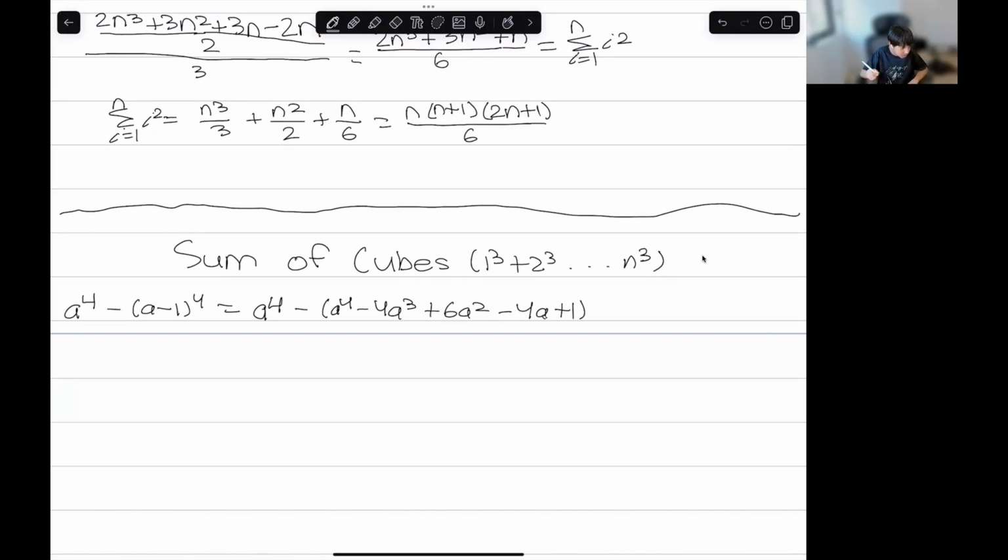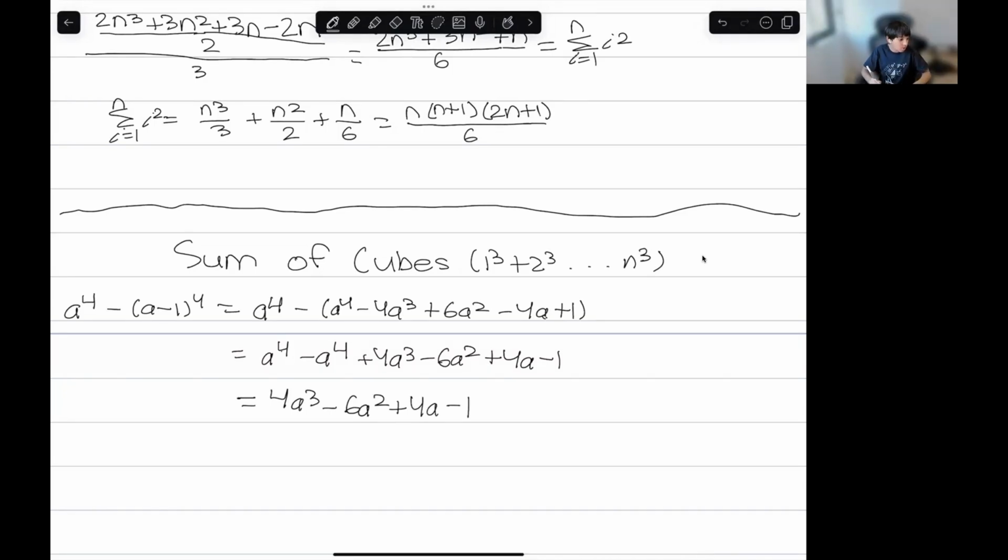And so now we write a to the fourth minus a to the fourth plus 4a cubed minus 6a squared plus 4a minus 1. The a to the fourth terms cancel out, and we're left with 4a cubed minus 6a squared plus 4a minus 1.